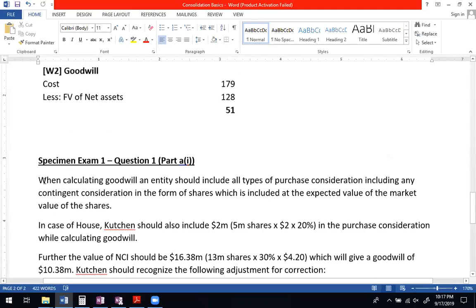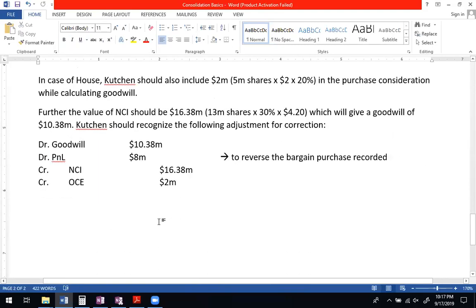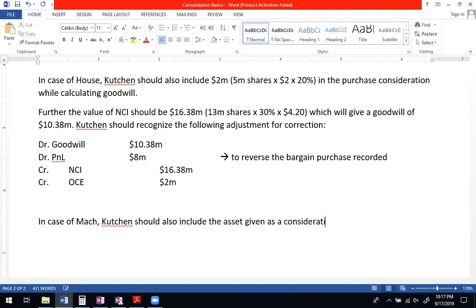Okay, so if I'm writing down the answer, continuing the last part, we're going to say that in case of Match, Kuchin should also include the asset given as a consideration for how much? $5 million, with a gain of $2 million being recorded in the P&L.